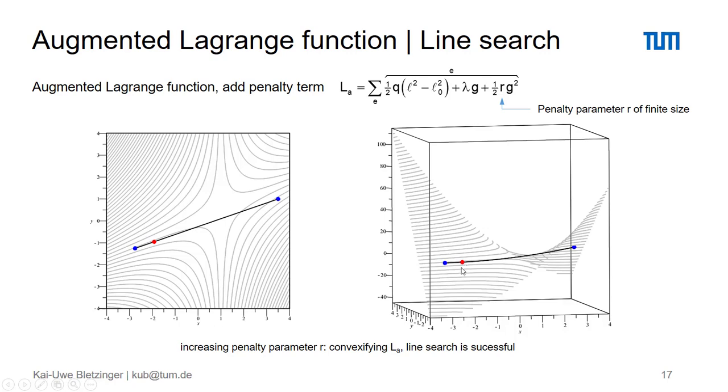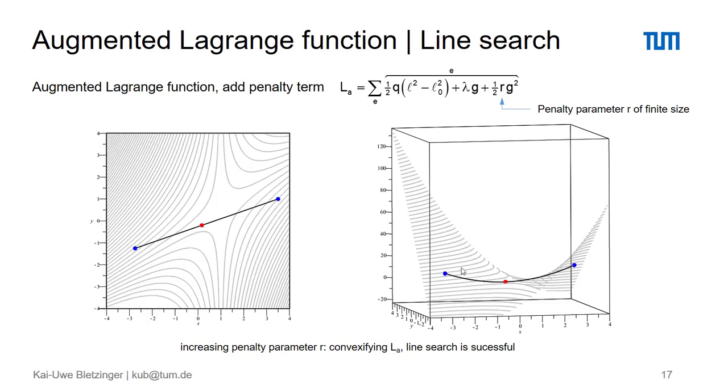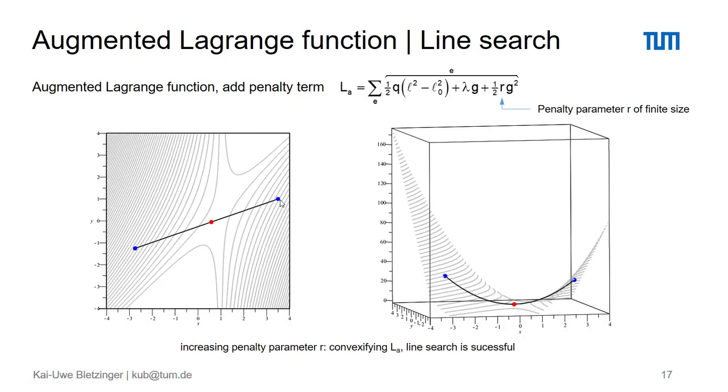And it depends on the penalty parameter. We further increase it and increase it and increase it, how much the step size might be reduced applying this line search technique. And by that you may further stabilize your numerical procedure and can control the step size between two iteration steps. And that's exactly the effect.